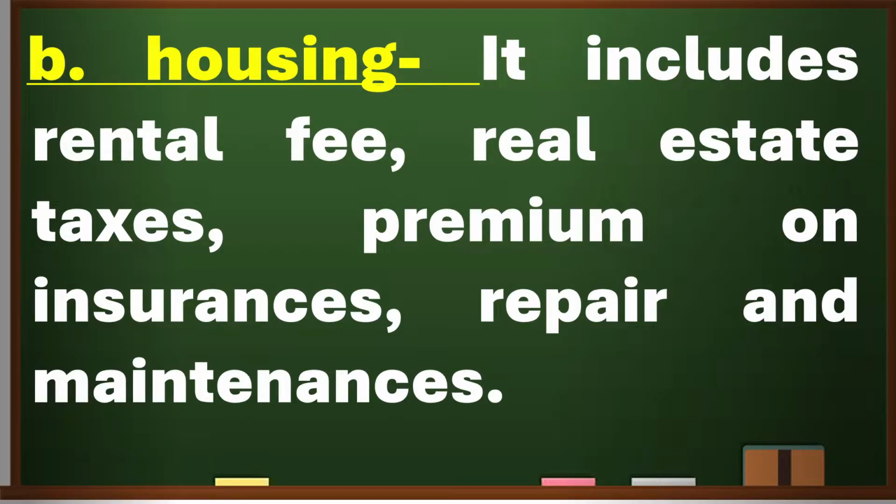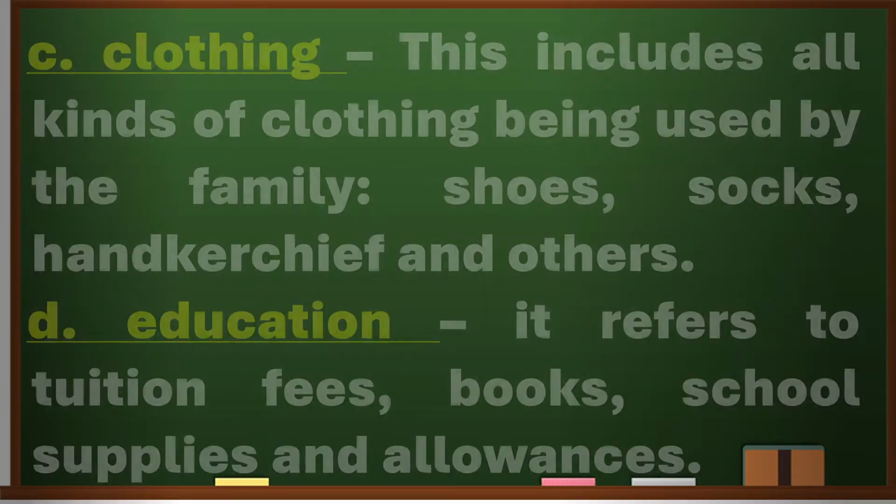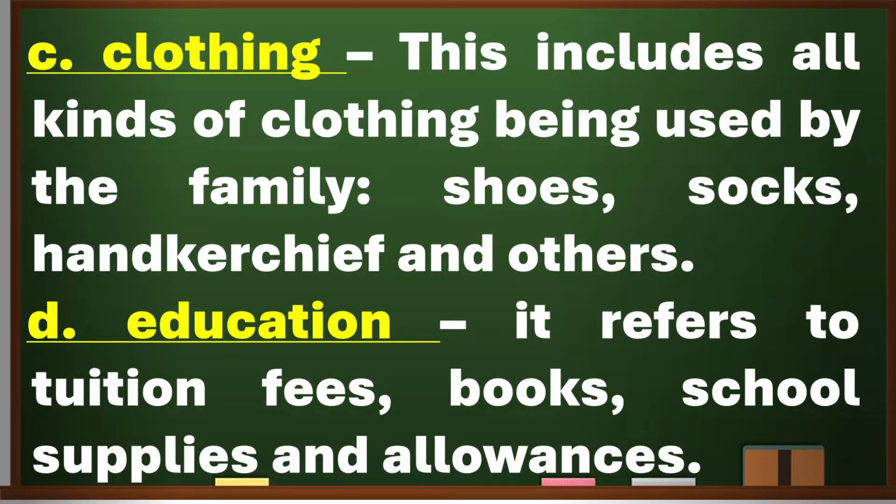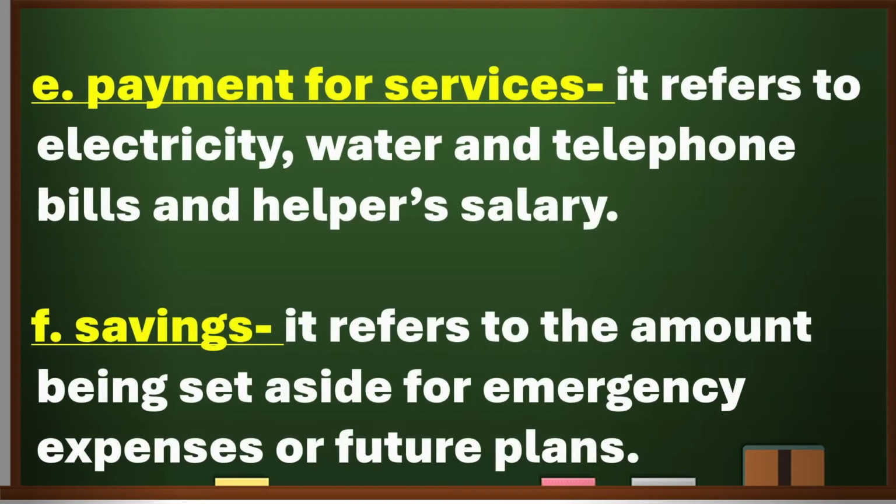It includes rental fee, real estate taxes, premium on insurances, repair and maintenance. C. Clothing. This includes all kinds of clothing being used by the family, shoes, socks, handkerchief, and others. And D. Education. It refers to tuition fees, books, school supplies, and allowances.